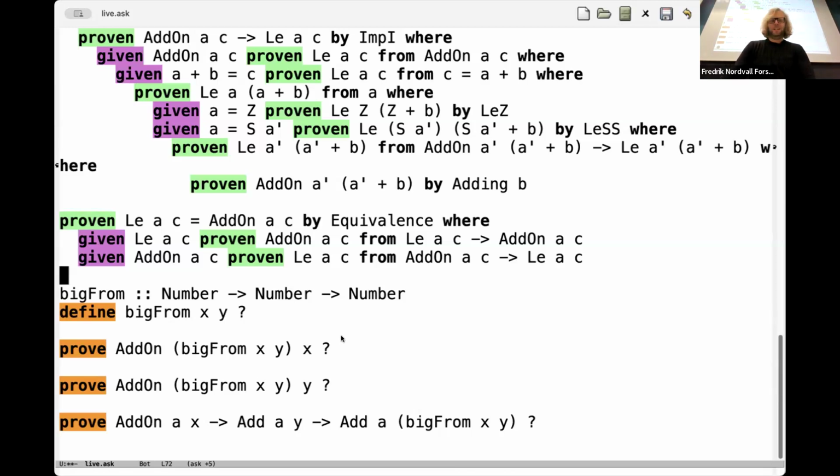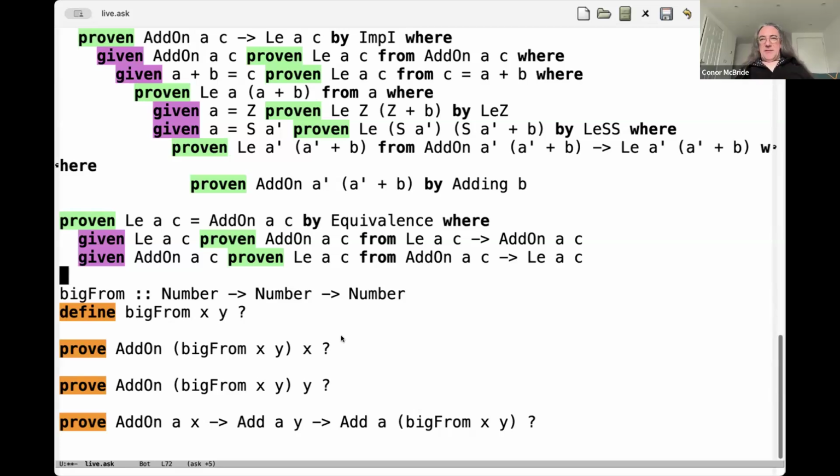So that's boring. So then this next thing says that this should be the largest thing that's smaller than x and y. If you have anything else, an a which is smaller than x and y, then a is actually smaller than this big from operation. So these two things push big from to be small, and this is pushing it to be large again, so it's not too boring, right?